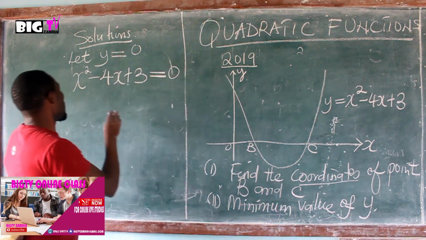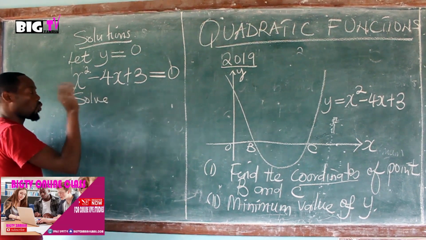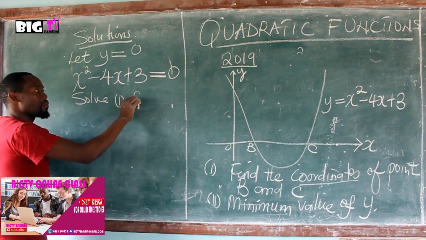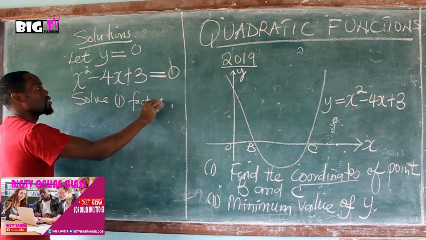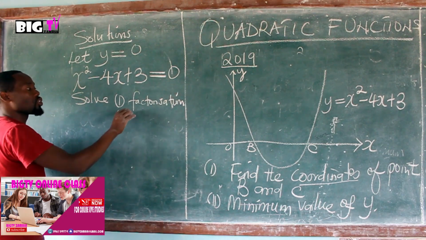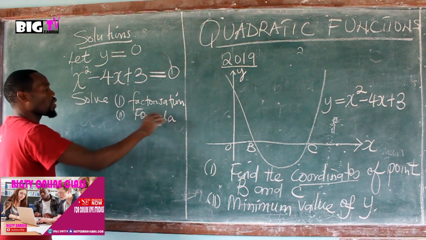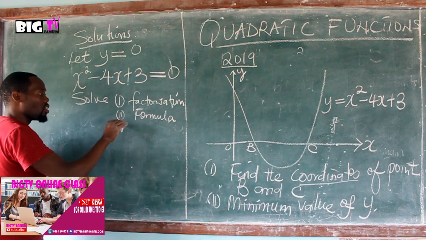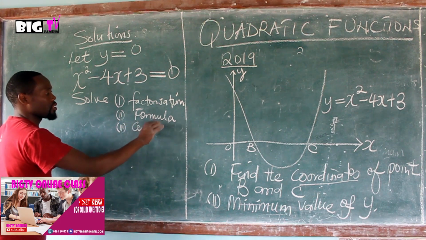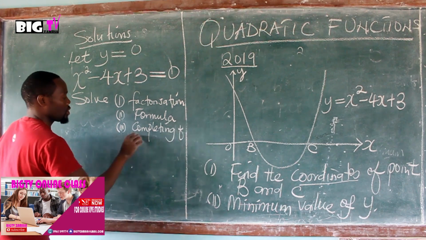So here, you can solve the equation using either the factorization method, or you can also use the formula method. You can as well use the completing the square method.